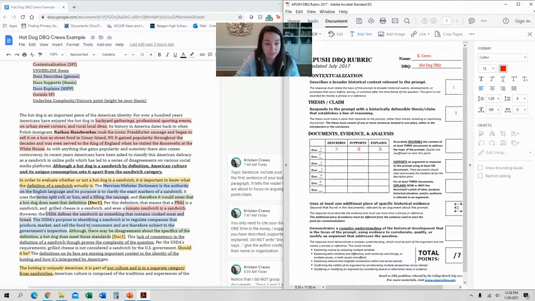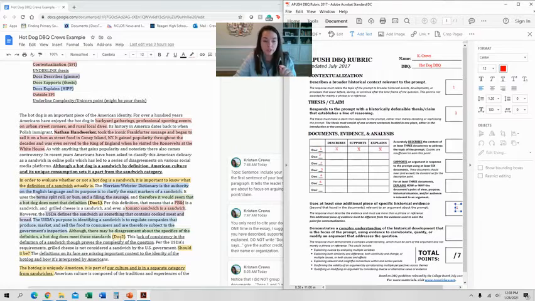The USDA's purpose in identifying a sandwich is to regulate companies that produce, market, and sell food to consumers and therefore subject to the government's inspection. I've explained their purpose. It's blue. Although there may be disagreement about the specifics of the definition, a hot dog does meet those standards. It supports that it's a sandwich, okay?